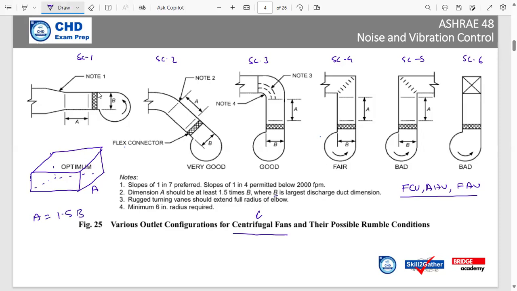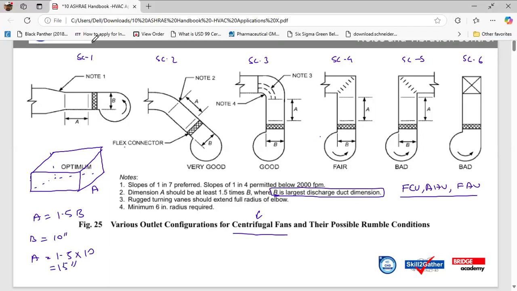Then what is B? B is the largest discharge duct dimension. Let's say the largest discharge duct dimension is 10 inch. In that scenario, if B is 10 inch, A is going to be 1.5 times 10, which is 15 inch. The largest horizontal is quite like a plenum.